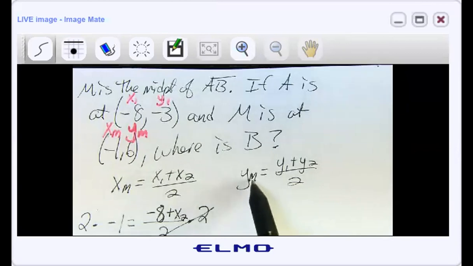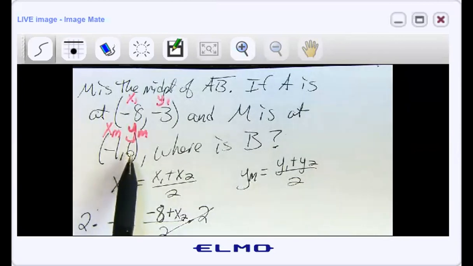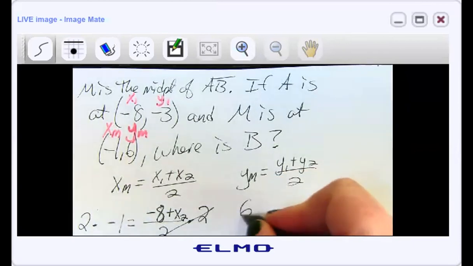Y of the midpoint. Sorry about that. That's okay. Six? Yeah, 6, right? So in my original, Y of the midpoint is 6. So I'm going to put a 6 there.